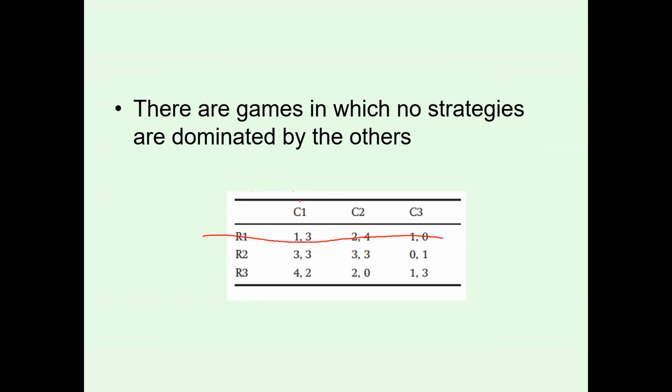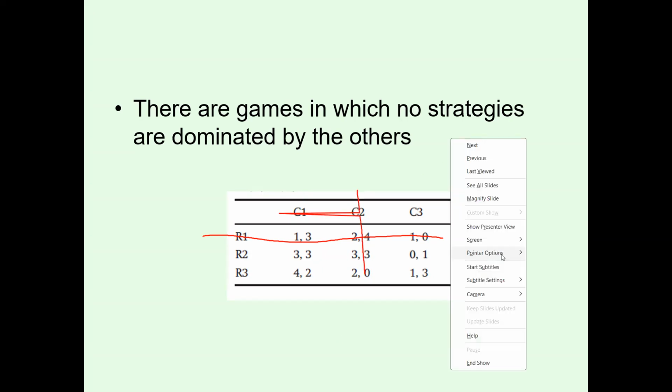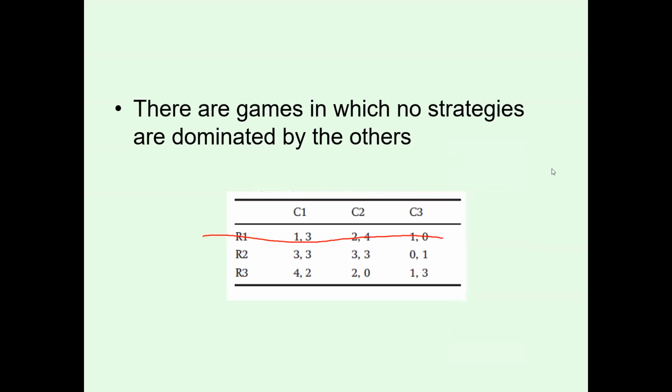So therefore, C1 weakly dominates C2 because the payoff here is 3 and the payoff here is 3, so they are equal. But if R3 is applied, C1 becomes advantageous. Since it is only weak, we can remove C2. Then compare C1 and C3. If the row player plays R2, C1 is better. If the row player plays R3, C3 is better. So nothing dominates.